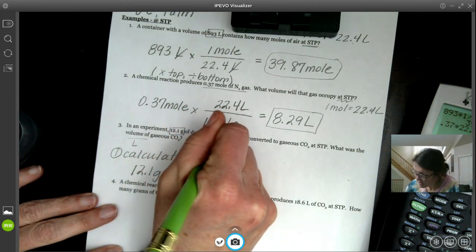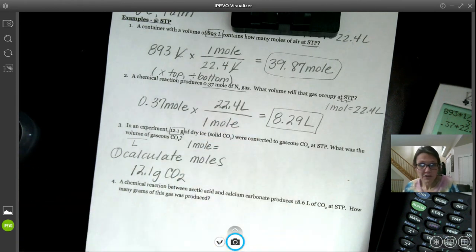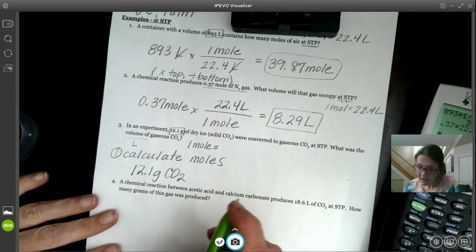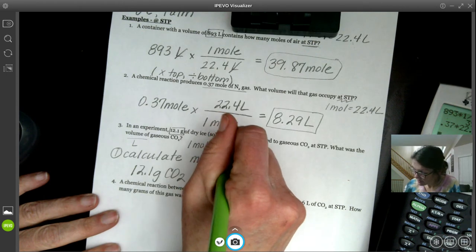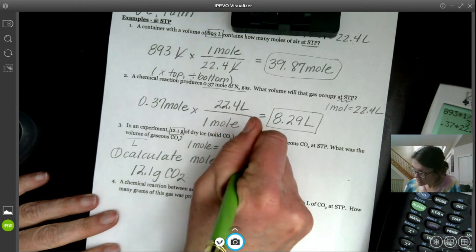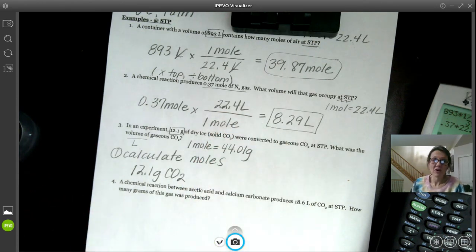What's the mass of 1 mole? So you would need to go through and do the work. You do 1 carbon, which is 12.01, plus 2 times 16 for the 2 oxygens, which is 32. We add those together and we get 44.01 grams. So 1 mole of CO2 has a mass of 44.01 grams.